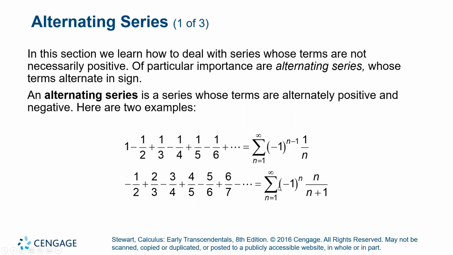In this bottom series, when n equals 1, we'd have -1 to the first power, so of course the first term is negative and then positive. So if you see an n minus 1, that implies that the first term is positive, and if you see an n, that implies the first term is negative. But both of these are alternating series.